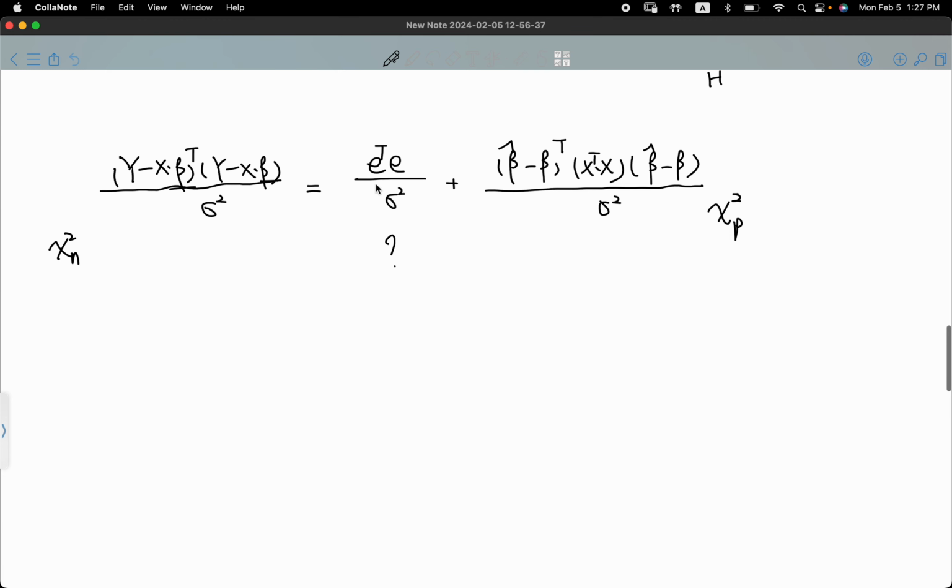So that means this random variable and this random variable are independent. And then we have a chi-square distribution here and a chi-square distribution here. So here we're going to use the moment-generating function for two random variables, and if they are independent, this is equivalent to the product of the moment-generating functions.